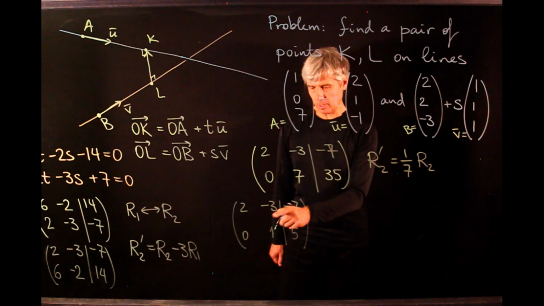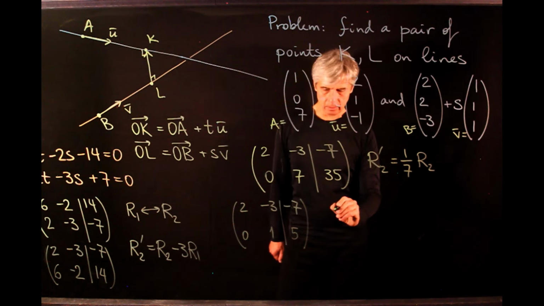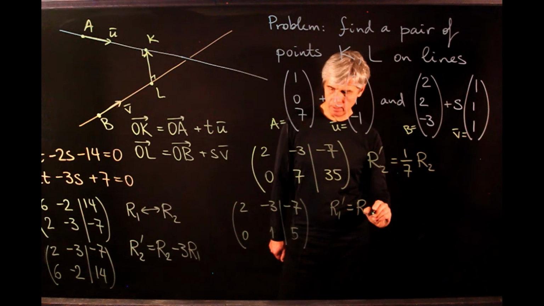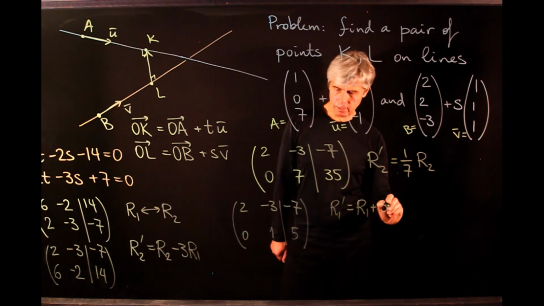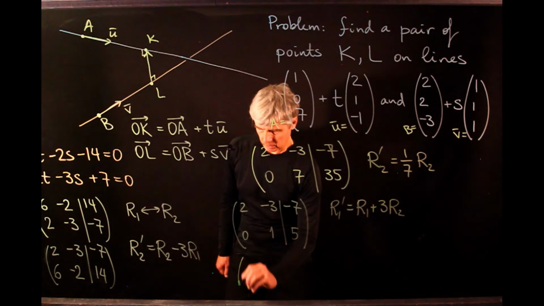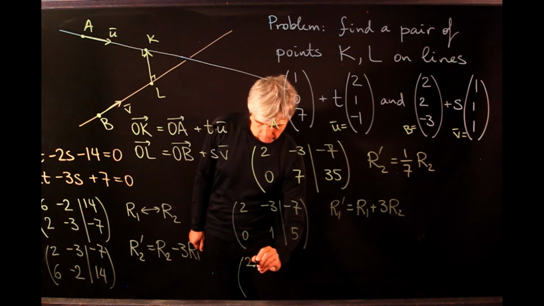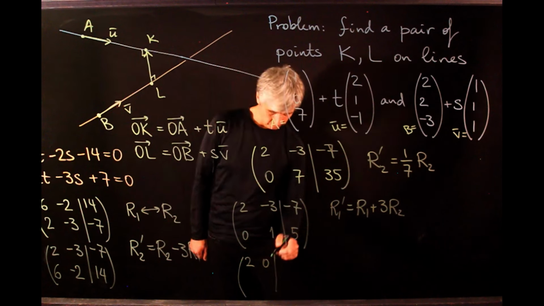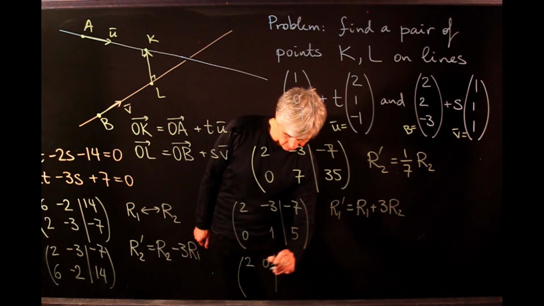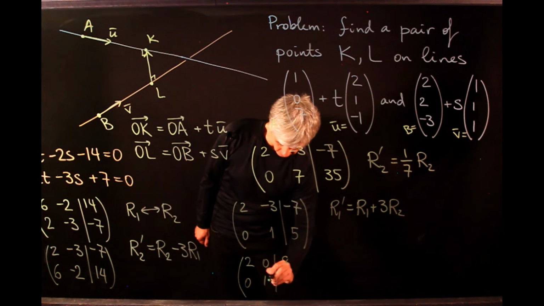And so now we need to create 0 here. So we say R1 prime is R1 plus 3 R2. So this will give us the matrix 2, 0. So we have negative 7 plus 15. That's 8, 0, 1, 5.